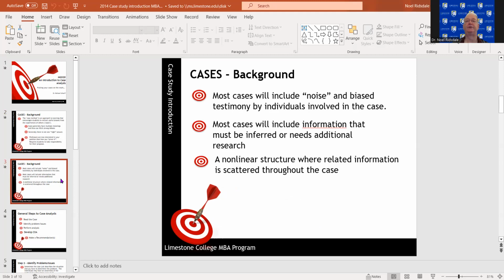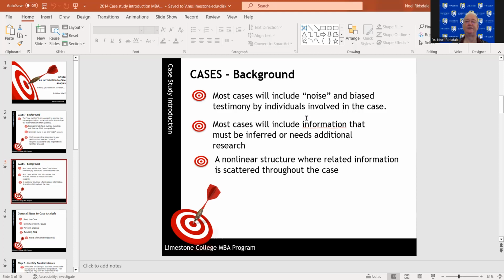Okay, you also have a couple of general notes. A lot of times there is going to be noise and bias, and a lot of other things in there. You've got to get down to the root cause of things. You'll hear this in my comments: looking beyond what I call the symptoms of the case, and getting past the noise.